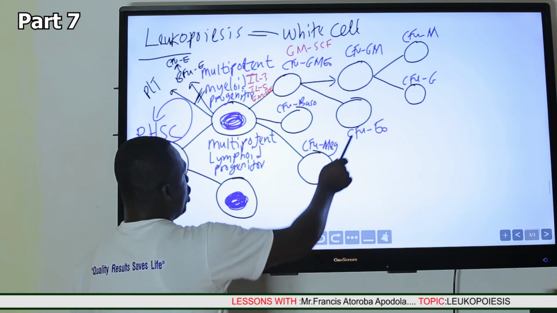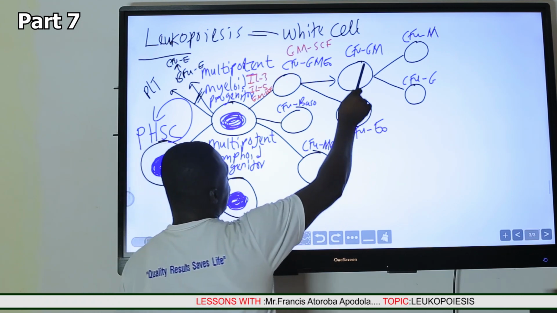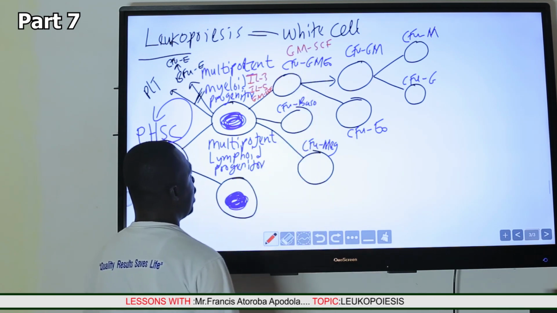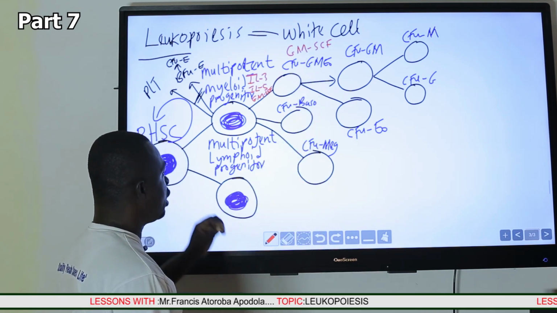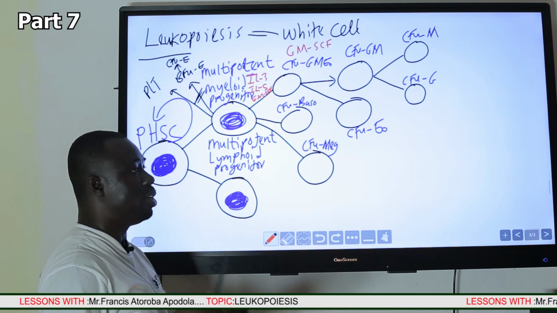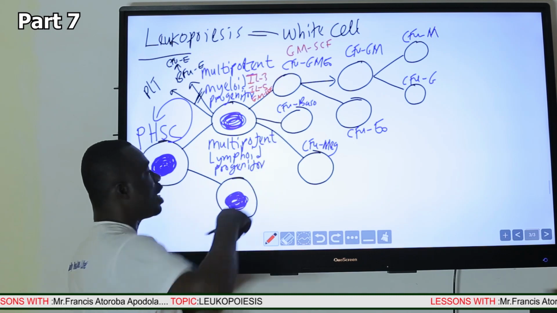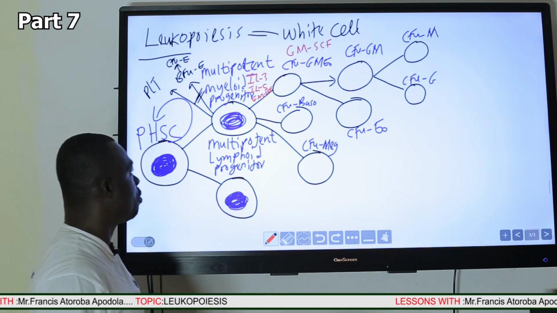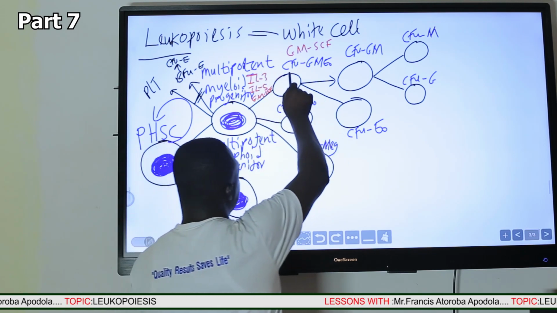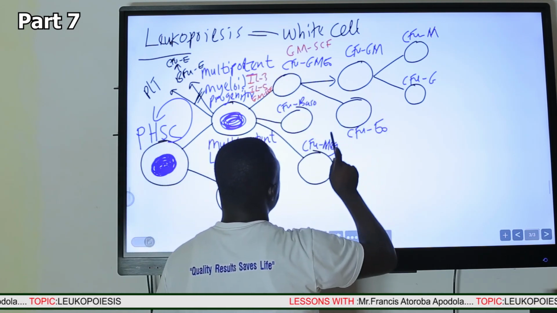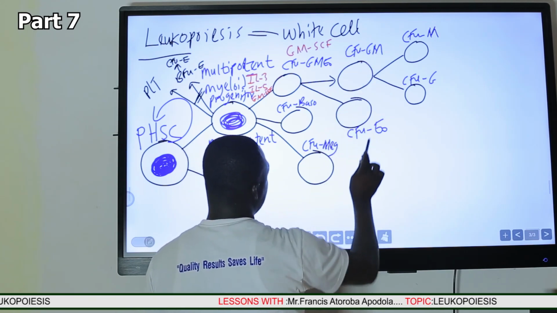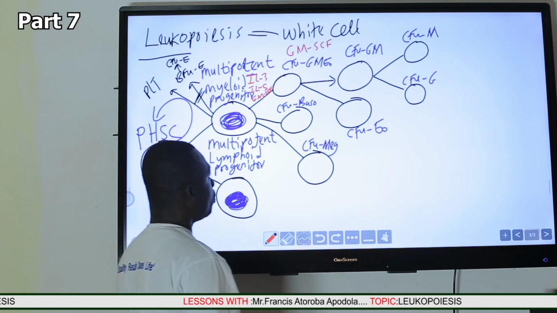So eosinophil is a granulocyte, monocyte is an agranulocyte, and the stimulatory factor is called granulocyte monocyte stem cell stimulatory factor. Together with interleukin 3 and interleukin 5, this stem cell differentiates into the colony forming unit granulocyte monocyte and the colony forming unit eosinophil.